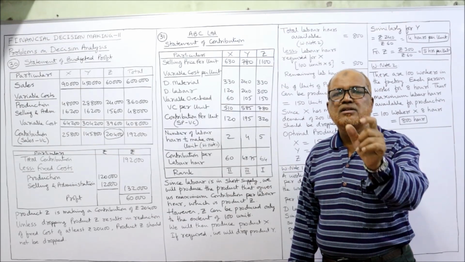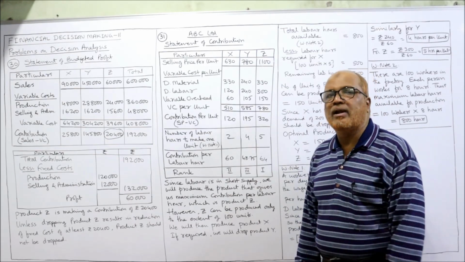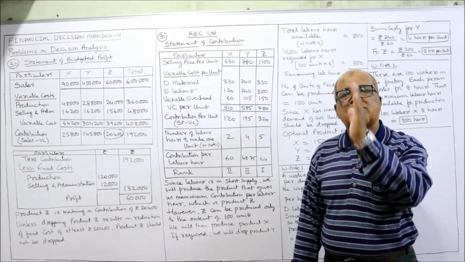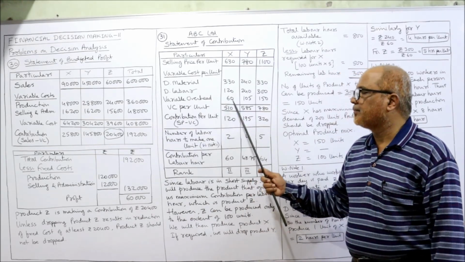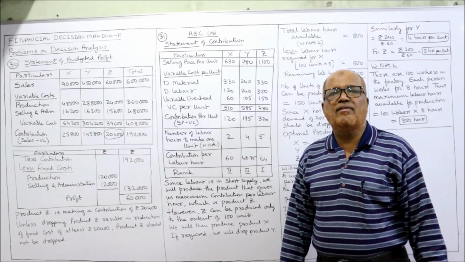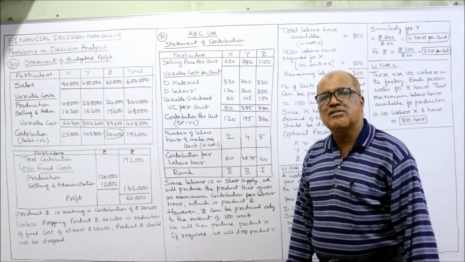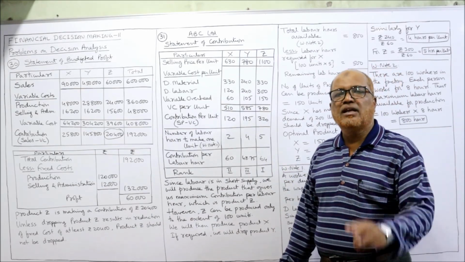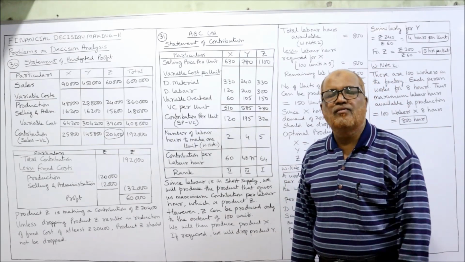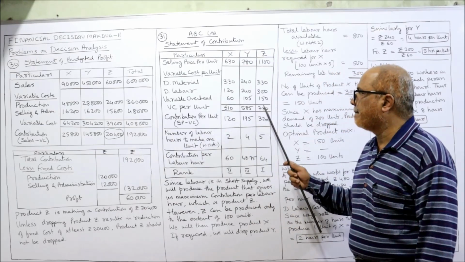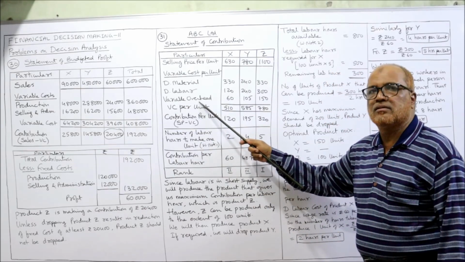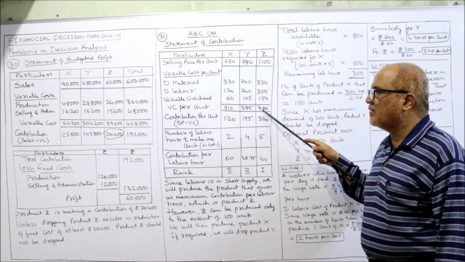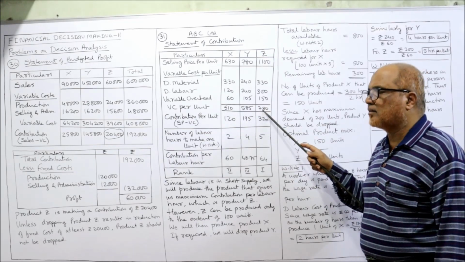For X product, it is 120, sorry, 120 is the overheads given in the problem. 50% of 120 is 60. Second, for Y product, 210 is given, so 50% of 210 is 105. Third product, 300 is the overheads, 50% of 300 is 150. We have taken only variable overheads. Take the total of the variable cost: 510, 585, 780. This is the variable cost per unit.